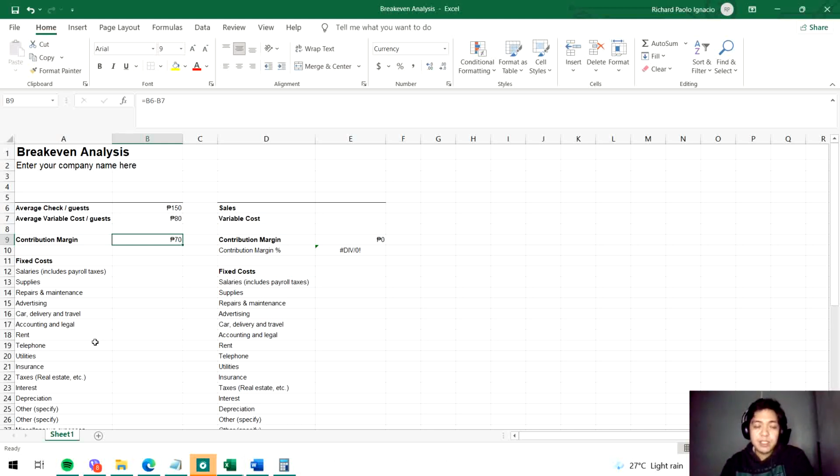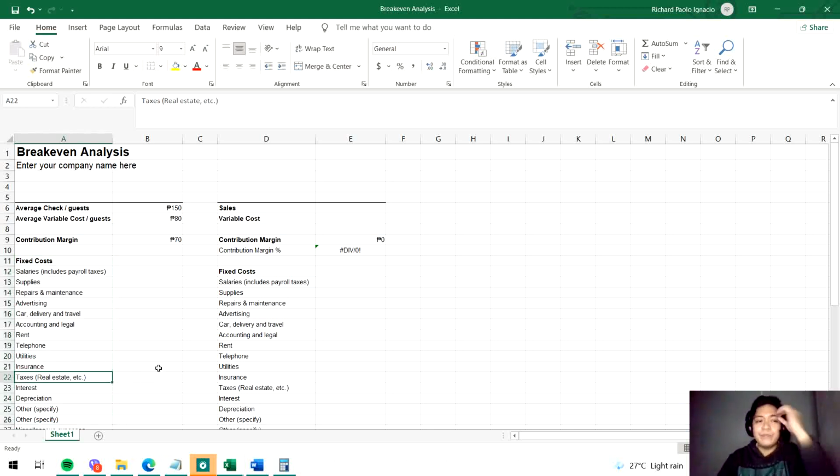Ibig sabihin ng contribution margin natin is kung gaano kalaki ang natitirang pera sa atin pang gastos natin para sa mga fixed cost natin. After subtracting variable cost from our average check, malalaman natin kung ano yung contribution margin natin per unit or per guest. And itong pera na to, ito yung natitirang pera kada benta natin na pwede nating ilaan para matubusan natin itong mga fixed cost natin.